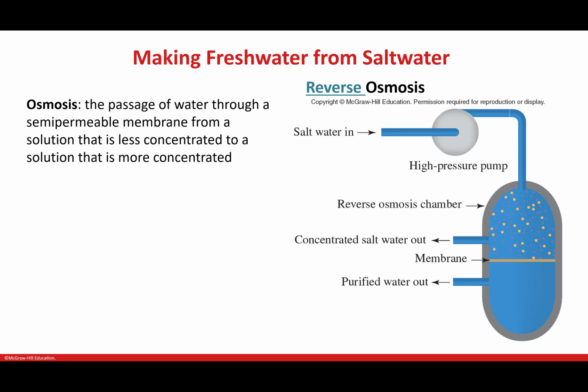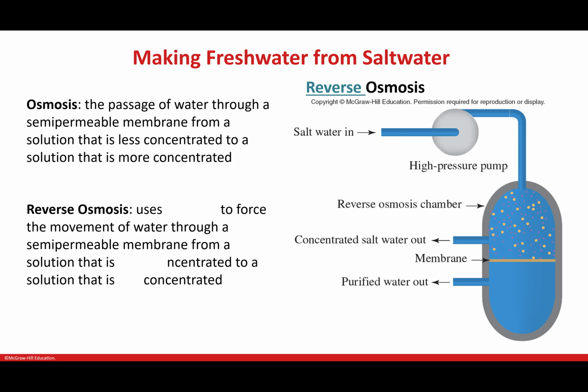Okay, that's osmosis. Reverse osmosis, and I've got a new take on it, does the opposite. It uses pressure, that's the word up there, to take something from a higher concentration to a region of lower concentration.